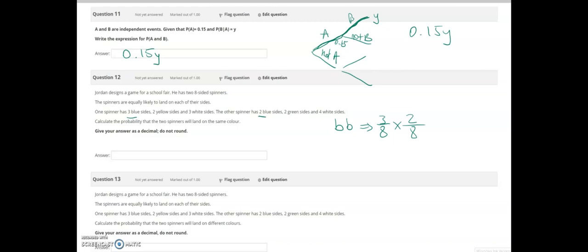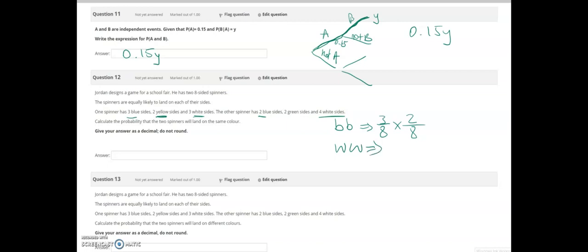Then we'd look at white, because although there is a yellow side, 2 yellow sides on the first spinner, there are no yellow sides in the second one, so we'll have to leave yellow out. But we have white and white in both of them. So we go white and white.